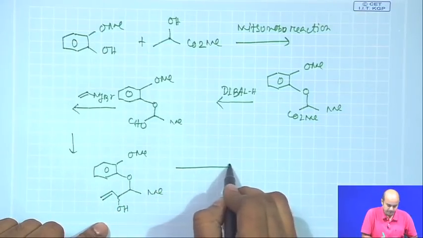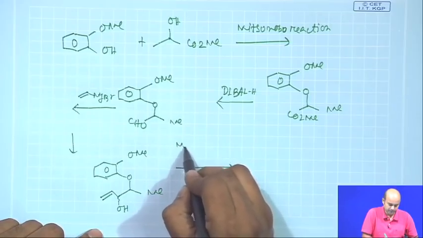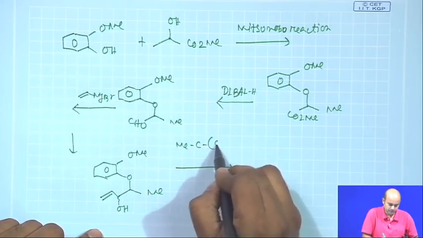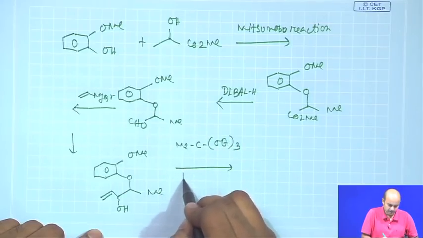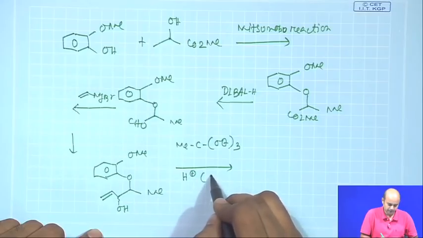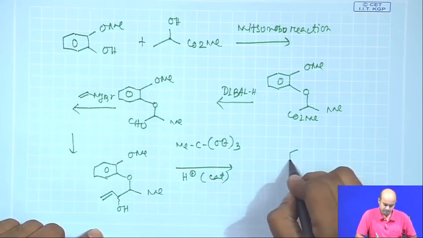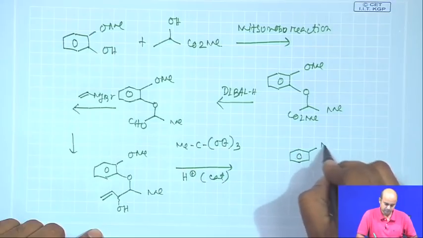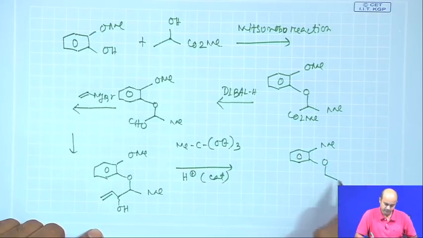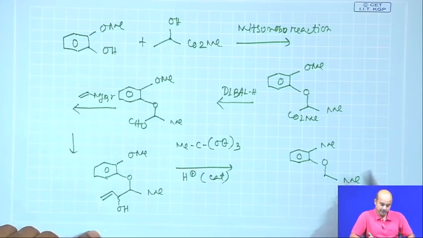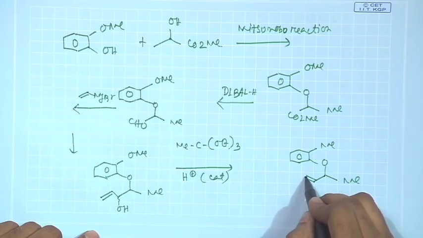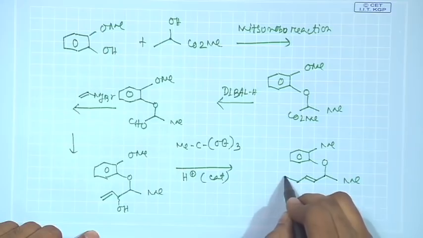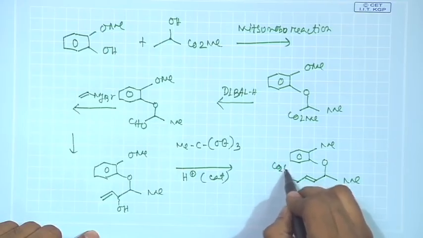So, now you subject this compound to Johnson-Claisen, which means you need trimethyl orthoacetate in the presence of an acid catalyst, I say acid catalyst. So, you will basically get this and then you will get the gamma,delta-unsaturated ester. Follow the standard mechanism of the Johnson orthoester Claisen rearrangement, which has been discussed numerous times.